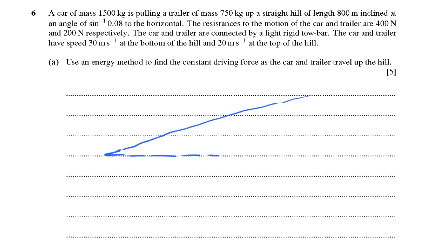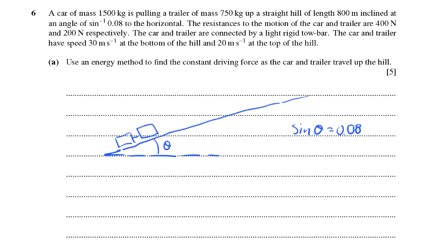Okay, so they told us something that maybe is a little unusual. The inverse sine of 0.08 is the angle. That means sine of the angle is equal to 0.08. All right, so that's helpful for us maybe later on. We have a car and a trailer. I'm just going to use blocks, save time, right?